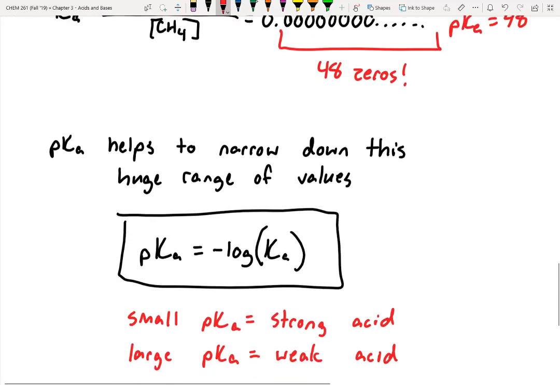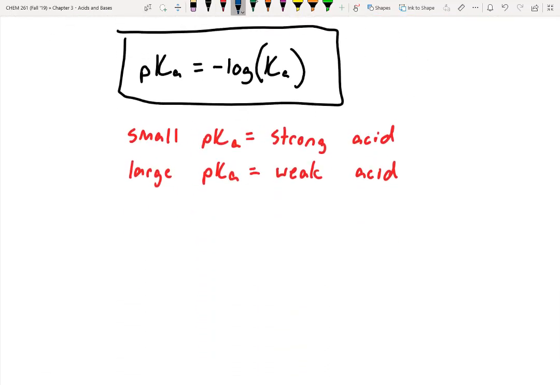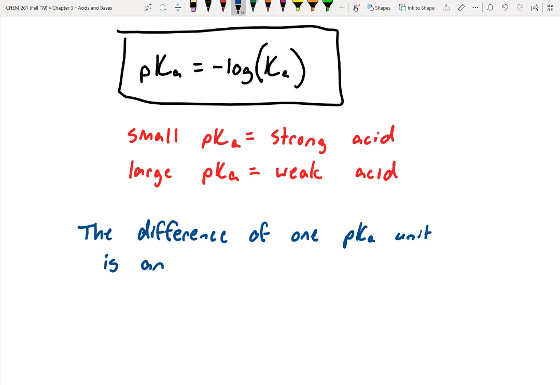All right, now the really, really important thing that I want to leave you with is the difference of one pKa unit is an order of magnitude, meaning 10 times.